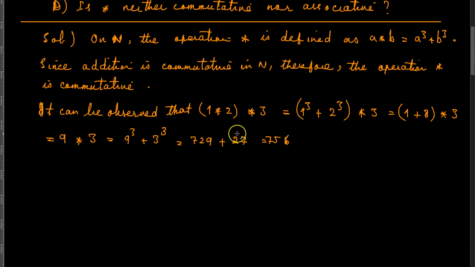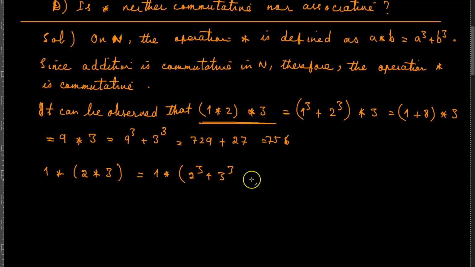Now this is (1 star 2) star 3, and now let's look at 1 star (2 star 3). Basically 2 star 3 would be 2 cube plus 3 cube, which is equal to 1 star.